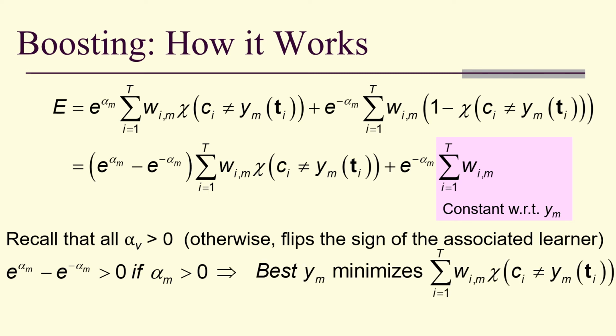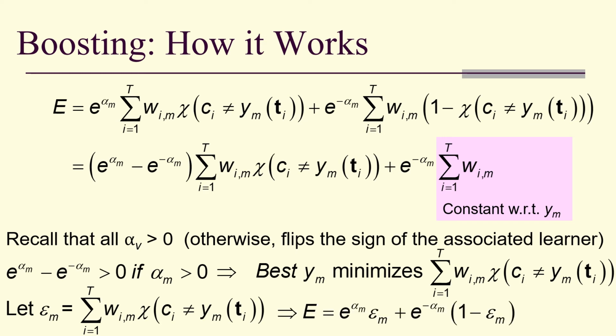And that means that the best y sub m minimizes the sum, i equals 1 to t, w sub i m, chi of the condition c sub i not the same as y sub m of t sub i. We'll define epsilon sub m to be this sum over that condition. And now we can write in a simple form, e is e to the alpha m epsilon sub m plus e to the negative alpha sub m times 1 minus epsilon sub m.